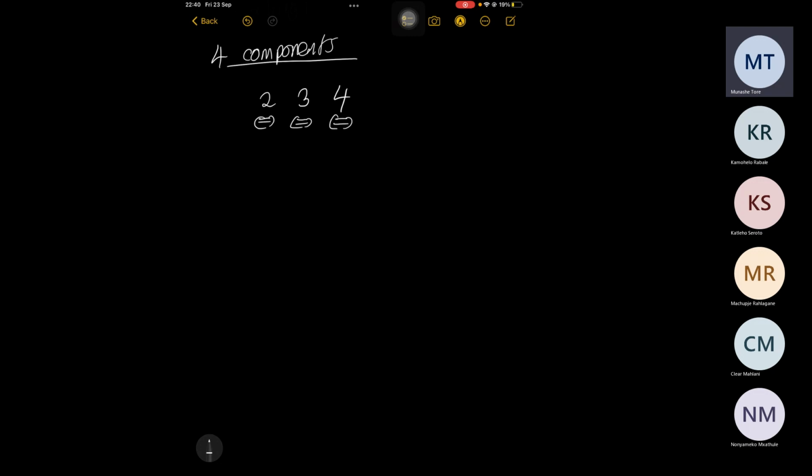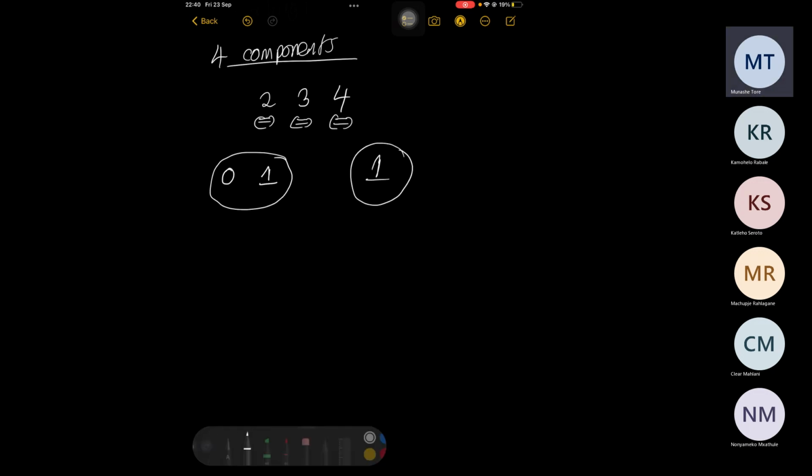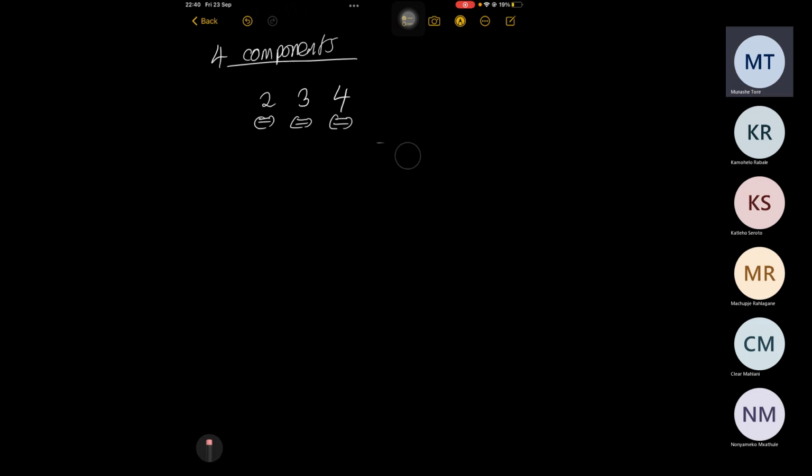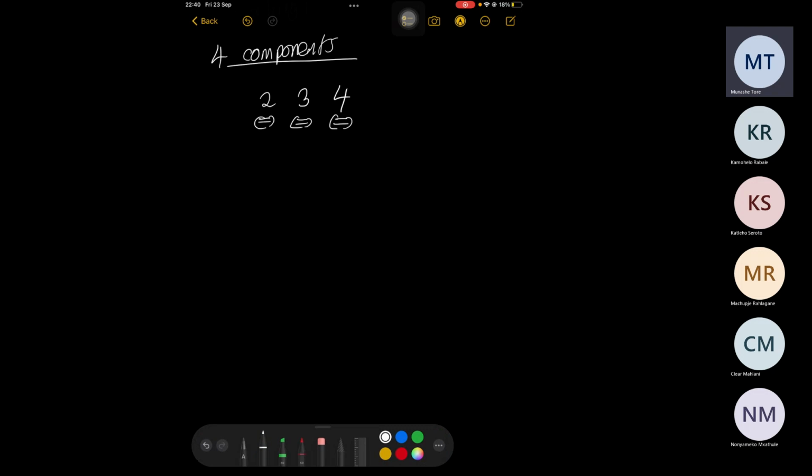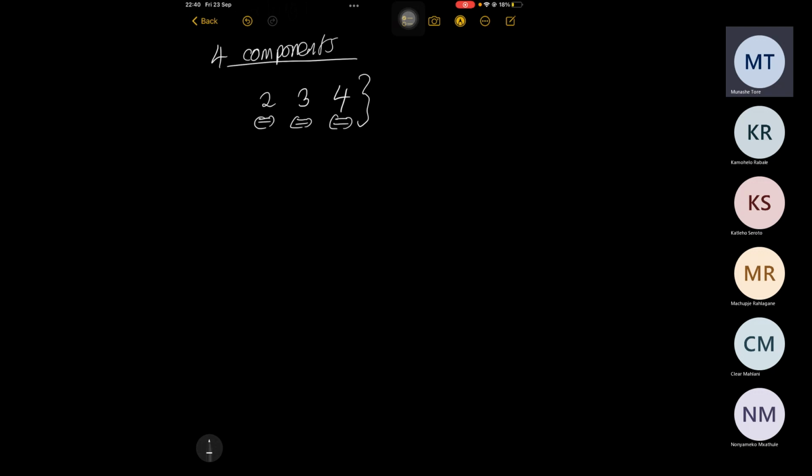Or what you can do is, you can calculate the probability of none of the components working, then 1 component only working, and you can subtract this from 1, which is the total probability. So how do you go about these procedures? We know that you have 4 components, A, B, C, and D. So let's do it this way now, where we are calculating this. So what is the probability of 2 components working?